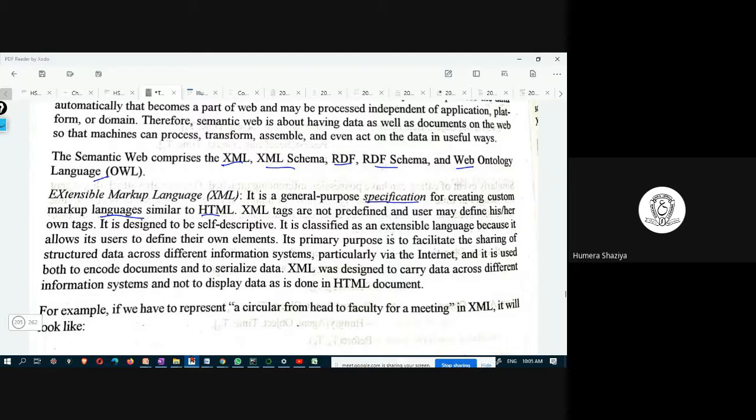However, in HTML there is no concept of creating user-defined tags, whereas XML supports user-defined tags, which would add meaning to the document.